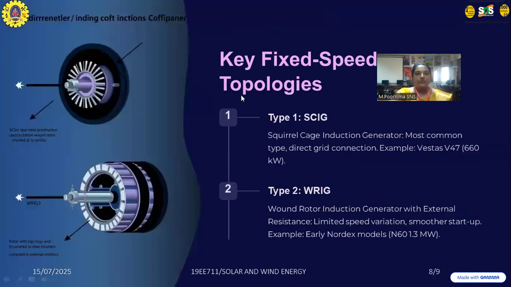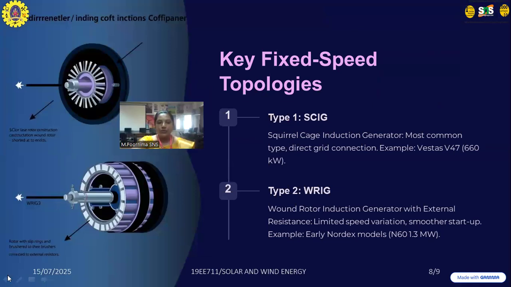Now coming to the key fixed speed topologies. What are the topologies? We have two main topologies. One is type 1, and the next one is type 2. Type 1 is the squirrel cage induction generator, and type 2 is the wound rotor induction generator. The squirrel cage induction generator is the most common type.